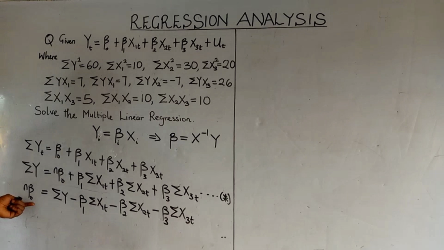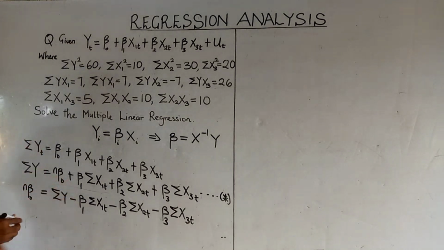So we can divide through by n so that we make this stand alone, which is also an estimate.